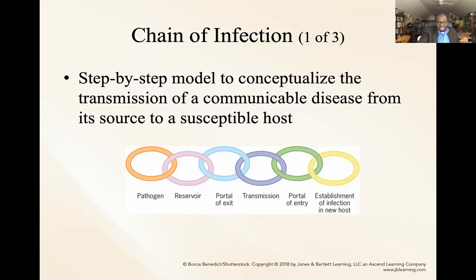So now it's the portal of entry. Leaves the mouth here, through the air, it gets into another mouth of somebody who was not infected, and establishment of a new host.